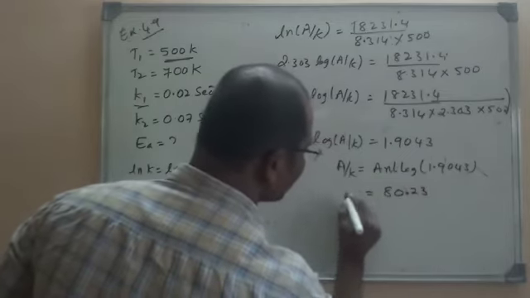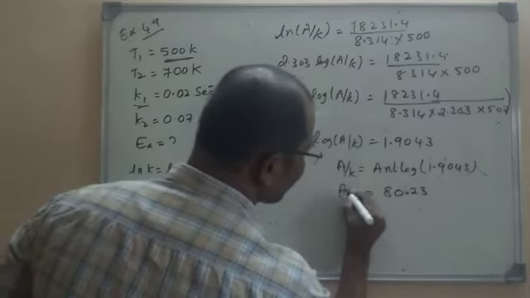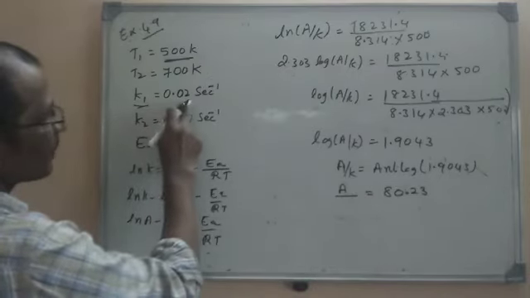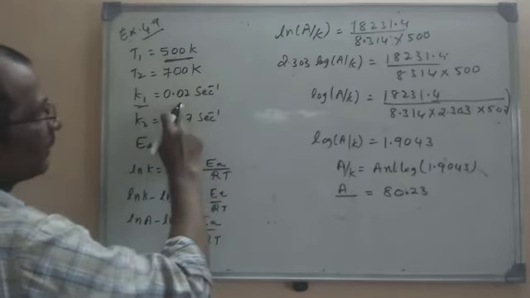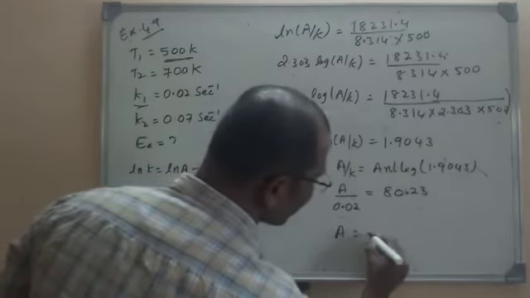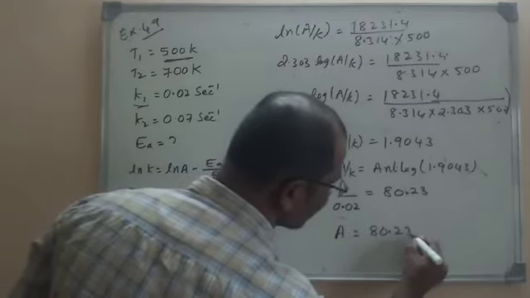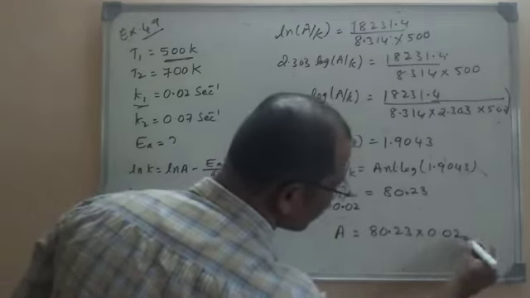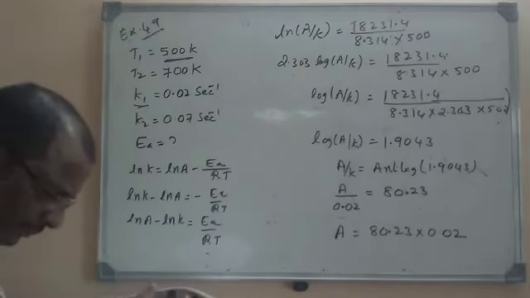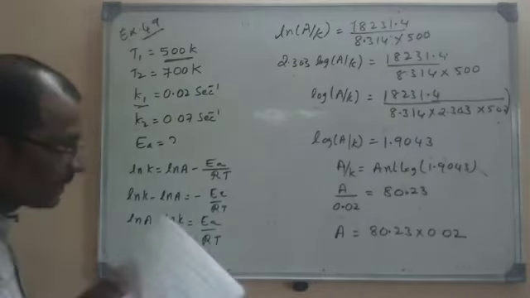This is A by K. But the K value is already known to us. At the lower temperature, 500 Kelvin, the K value is 0.02. That implies A is equal to 80.23 into 0.02. So what is that value? That is equal to 1.6046.